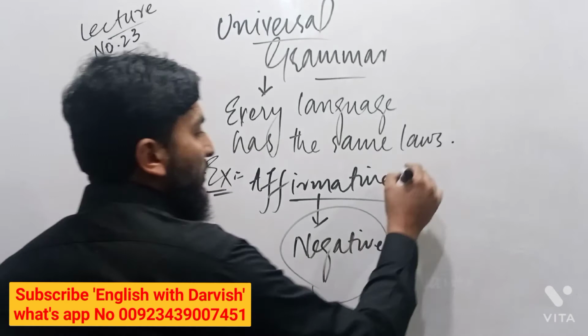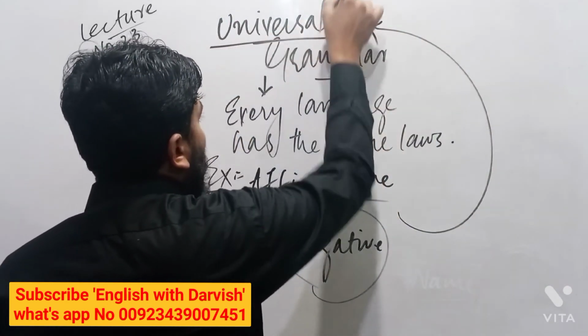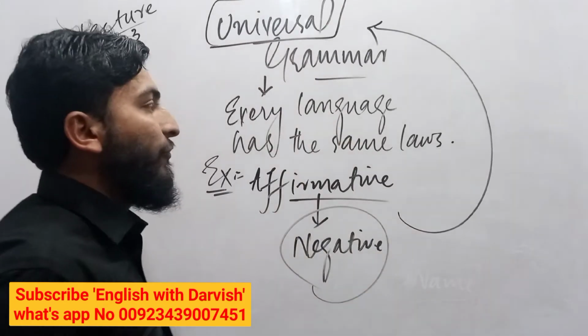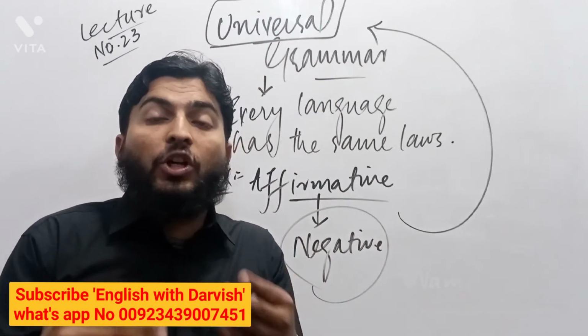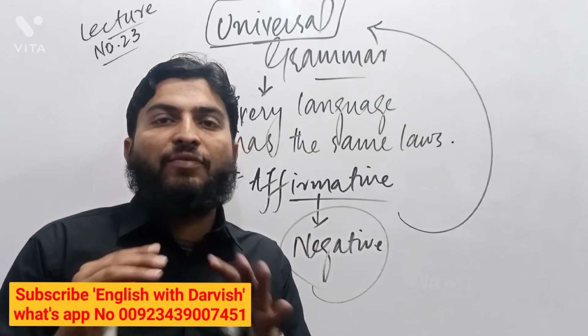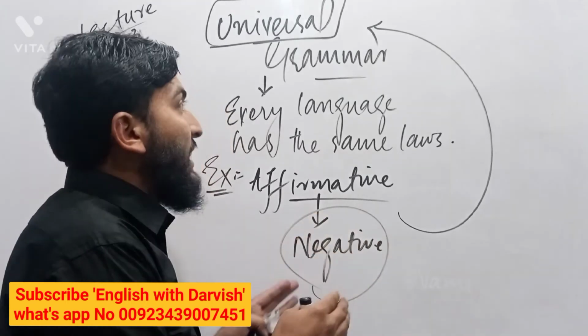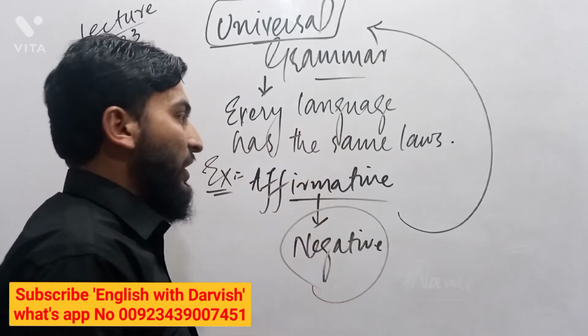Such is called universal grammar, because some features of languages are the same. Therefore, we call it universal grammar. The use of nouns, the use of adjectives, etc. are the same in languages. Such is called universal grammar.